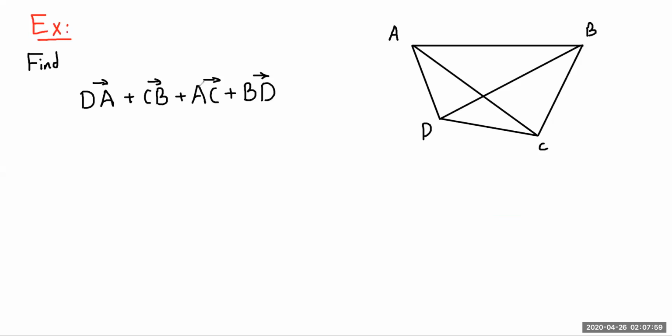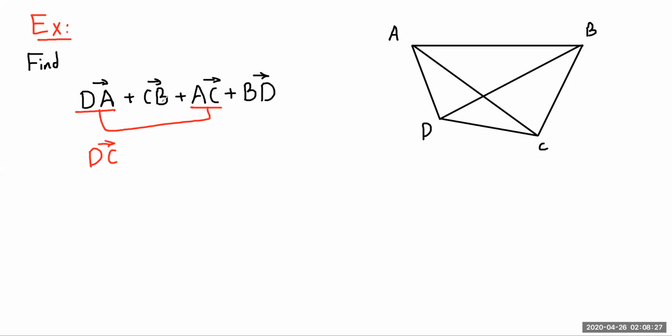Next exercise. Here the question: find the addition of the vectors DA plus CB plus AC plus BD. If I take DA plus AC, what is the addition of these two vectors? It's DC.